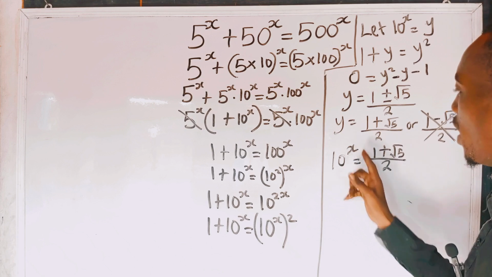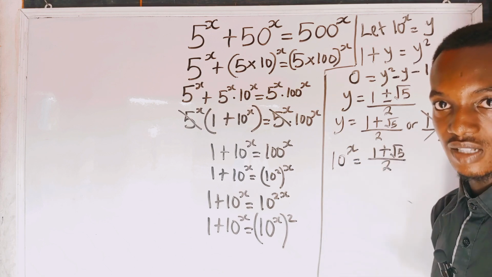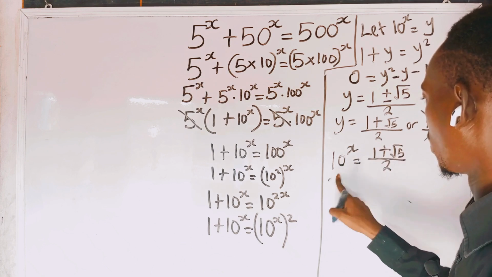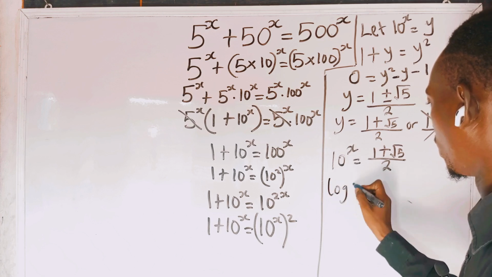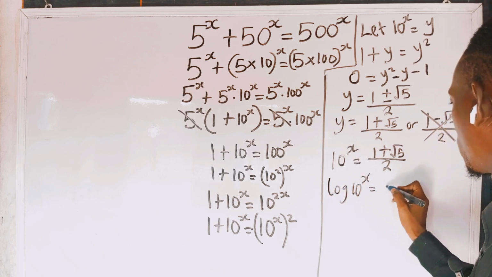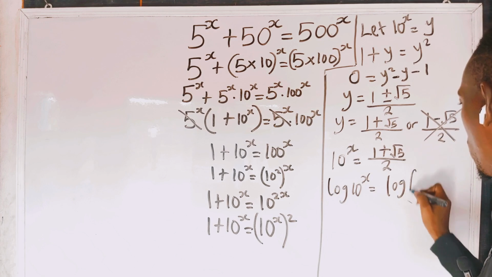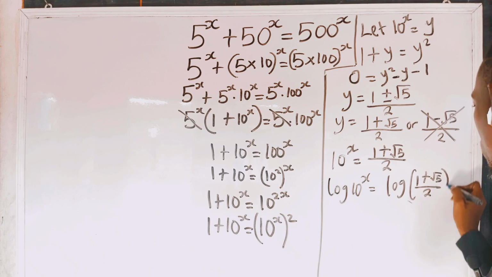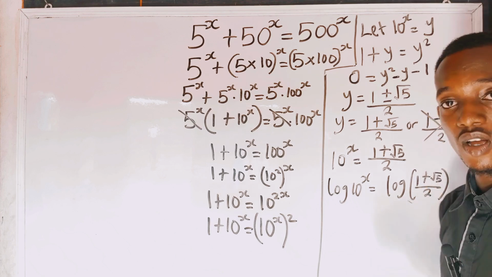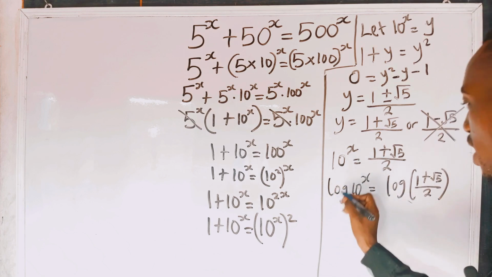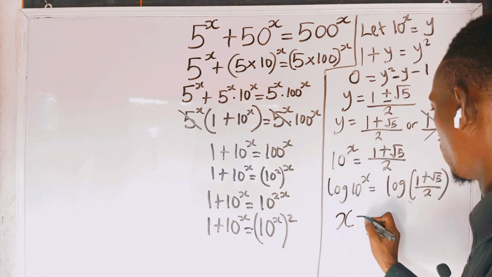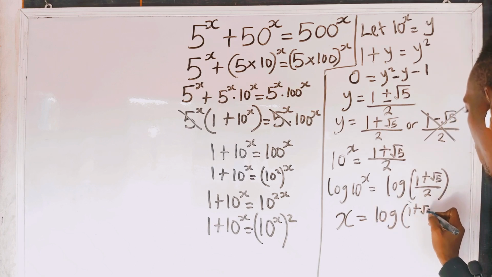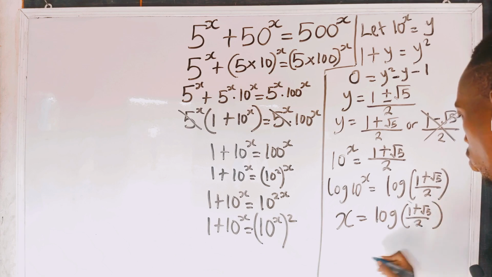Now, to solve for x here, we take the log of both sides. So we have log of 10 to the power of x equals log of 1 plus root 5 all over 2. Don't forget, x comes behind. So therefore, x will now be equal to log of 1 plus root 5 all over 2.